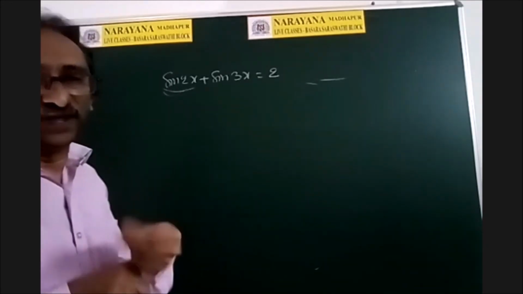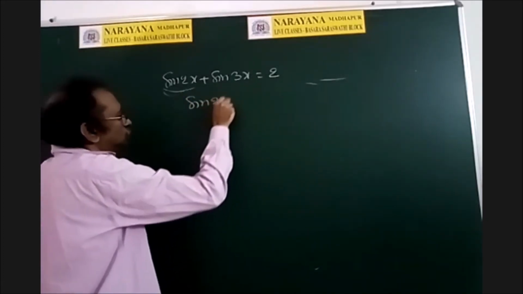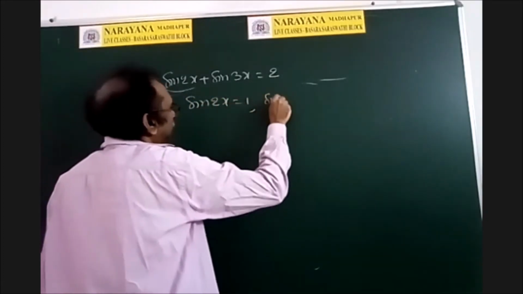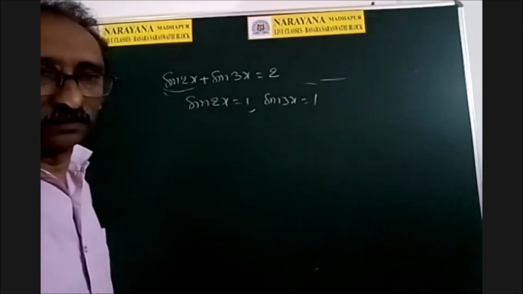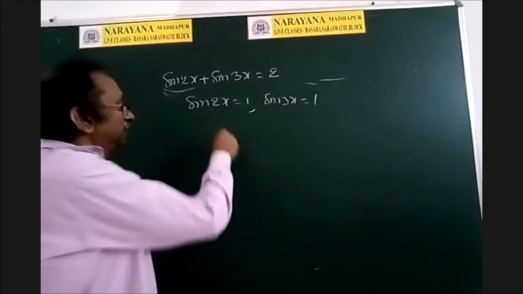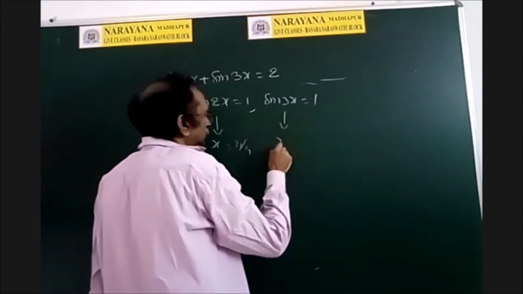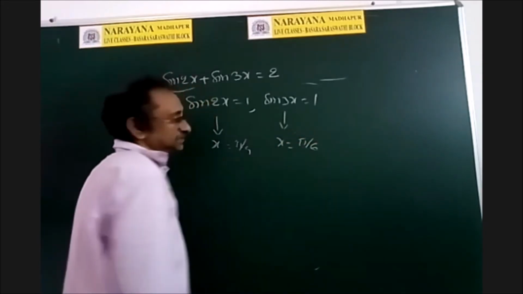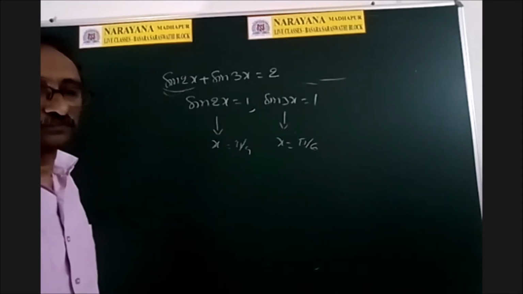Therefore, sin 2x is equal to 1 and sin 3x is equal to 1. From this you will get x is equal to pi by 4, and from this you will get x is equal to pi by 6. Right?